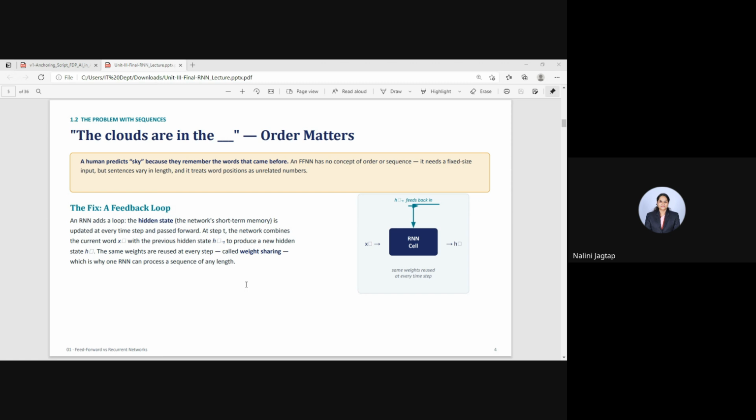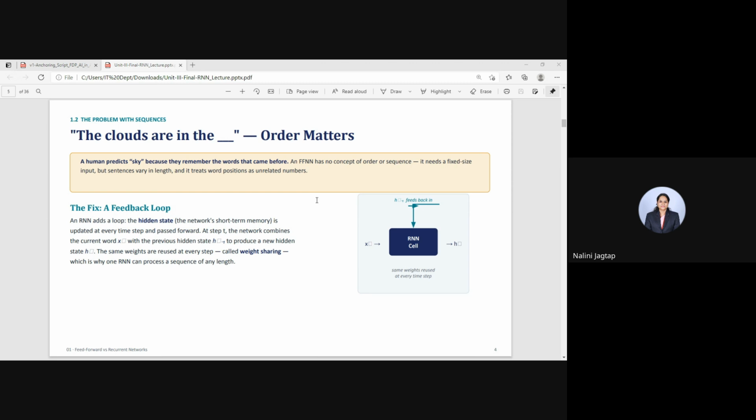So concretely, when an RNN processes a sentence word by word, at each time step t, it takes two things as input: the current word x_t and the hidden state h_(t-1) that summarizes everything the network has seen so far. It combines these to produce a new hidden state, which is my h_t, which then gets passed along to the next time step.